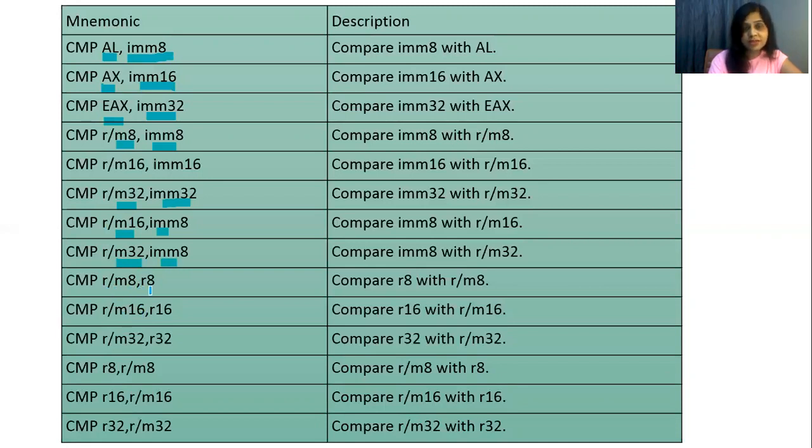Both numbers in registers, one number in register, one number in memory, or destination is memory and source is register, or destination is register and source is memory. Anything can happen, but just remember that both cannot be memory. The source and destination both cannot be memory. Both can be register, but both cannot be memory, both cannot be data.